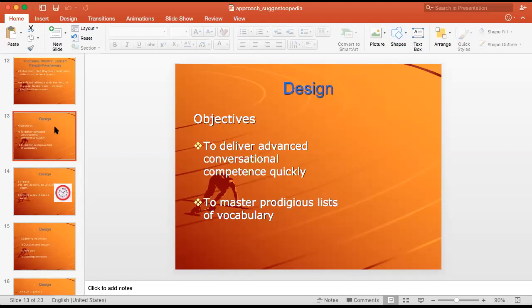Okay, so with the objective of accelerating the learning process of the students, right? So here the objective is to accelerate the learning of the second language of the students by desuggesting the psychological barriers.